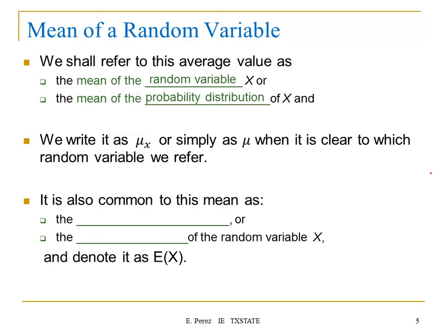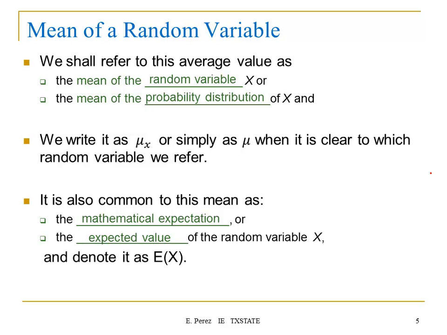Now, to differentiate between that and the mean of the random variable, we're going to use mu x, or simply mu when it's clear that we're referring to a specific random variable. So when you see mu, that means you're looking at the mean of a random variable. It is also common to call this the mathematical expectation, or the expected value of the random variable.